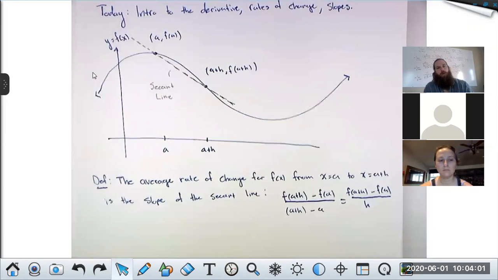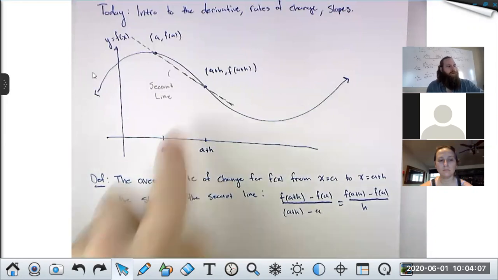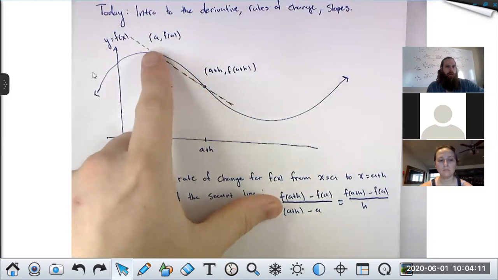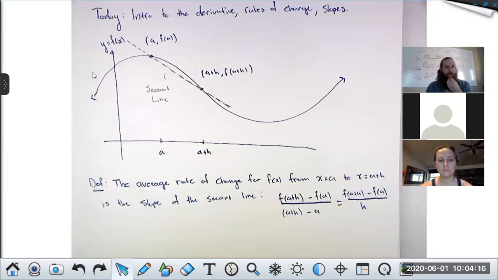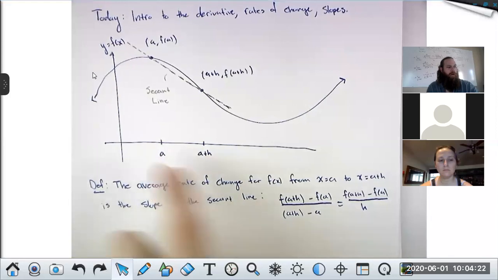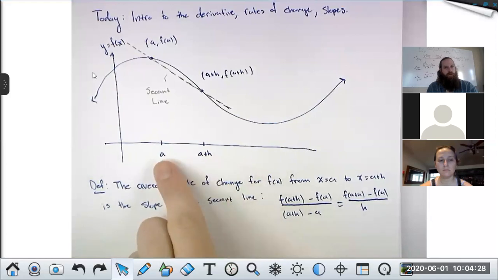So the thing that we're going to discover here, the derivative, the thing I call f prime, is what you get as you drag this point closer and closer and closer along the graph to this point. In other words, I want to see what happens if I hold this fixed and I send h to 0, which brings this guy over to this guy.